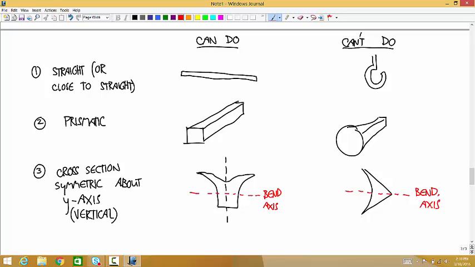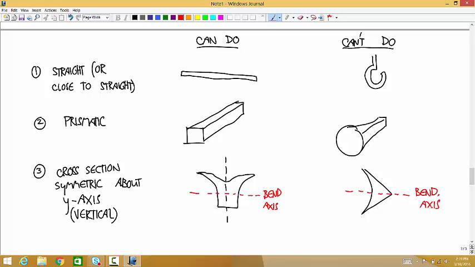Picture that shape coming out of the board, and picture someone standing on the end of it, a couple of meters out from the board. The bending that would happen from that motion is what we're looking at. So that's the bending that we're analyzing, bending down towards the floor.